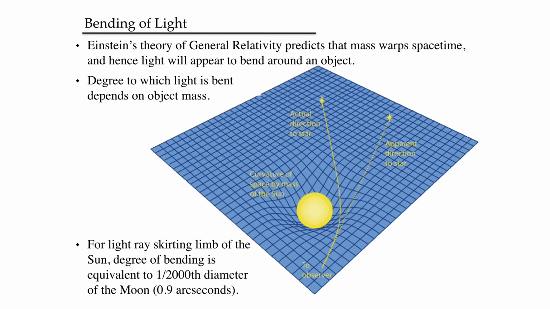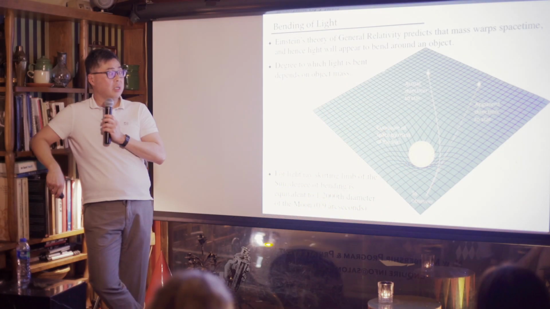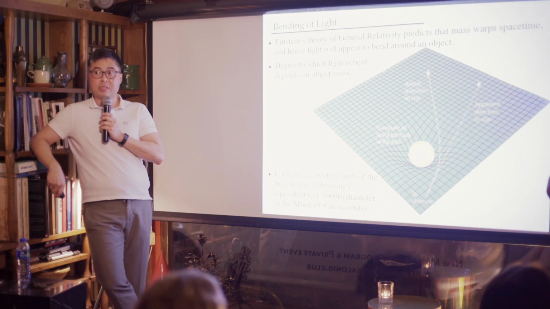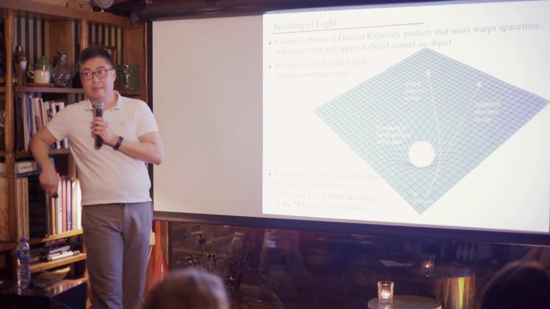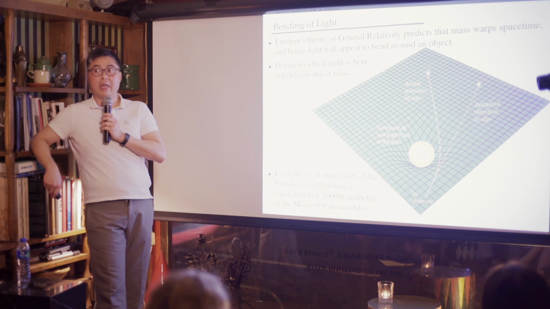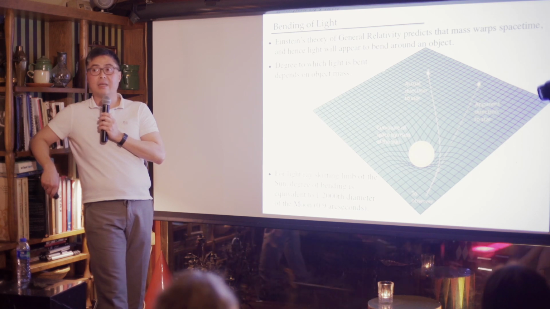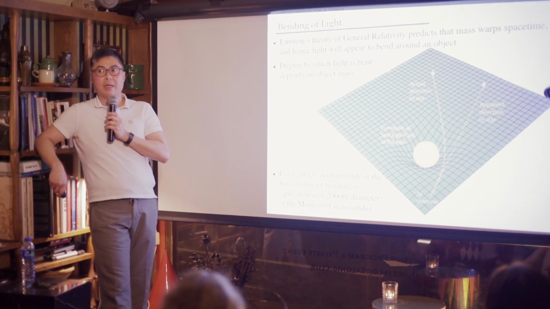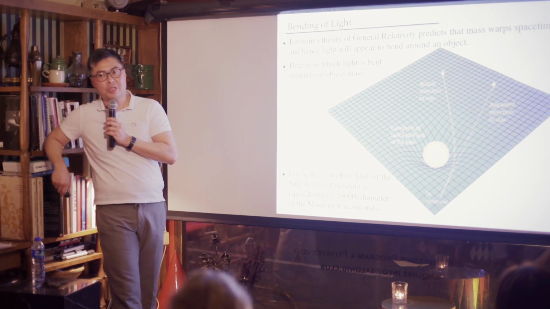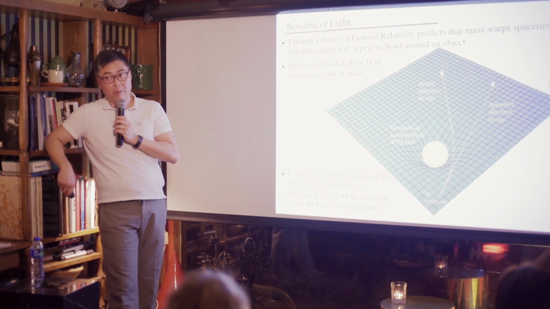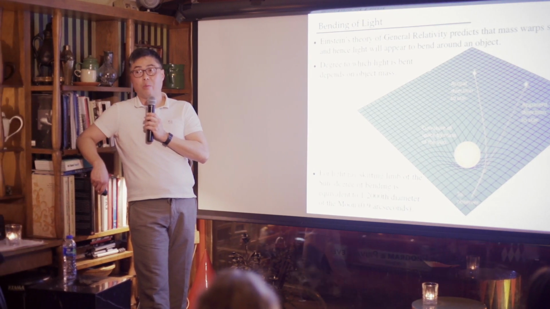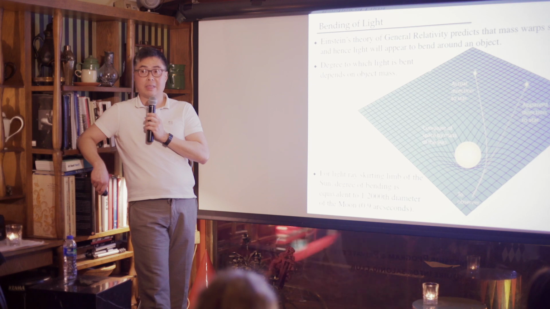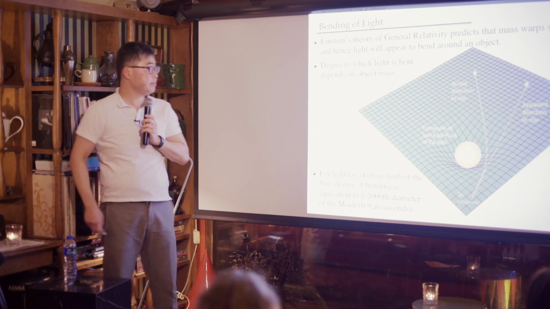This was verified in expeditions to take pictures of stars around the sun during the eclipse of the sun by the moon. It was found that indeed stars near the limb of the sun appeared at a slightly different position than where they appeared when the sun was not there. This verified one of the predictions of Einstein's theory of general relativity.